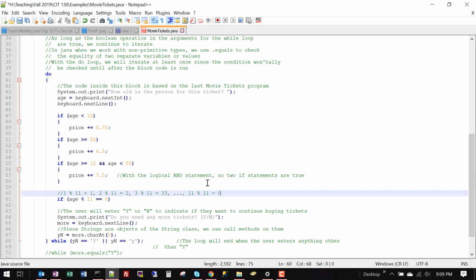That's 0, because 11 goes into 11 one time with no remainder. But what's really cool, another property of this modulo operator is the pattern repeats. When I do 13 mod 11, it's 2, because 11 goes into 13 once with a remainder of 2. So what we see is it continues to have a repeating pattern.